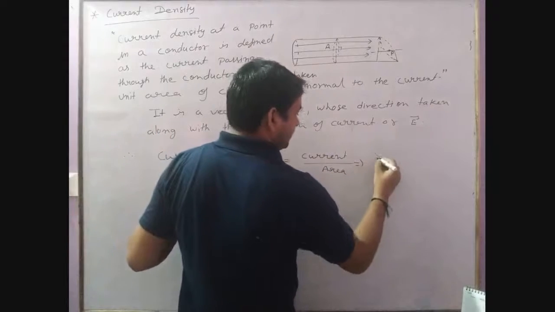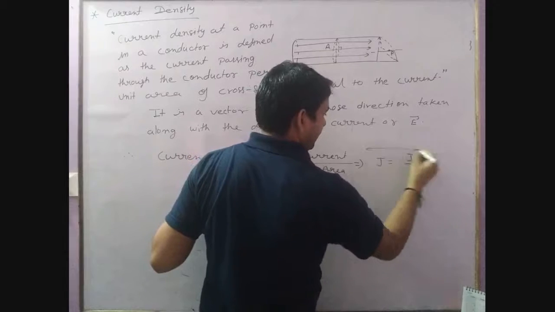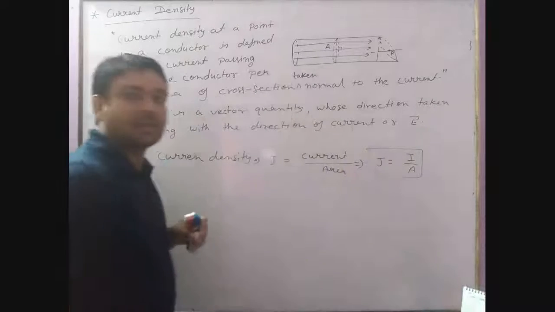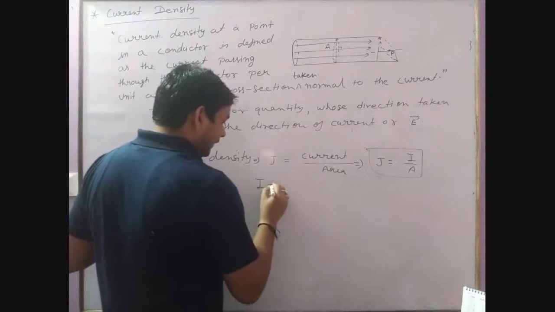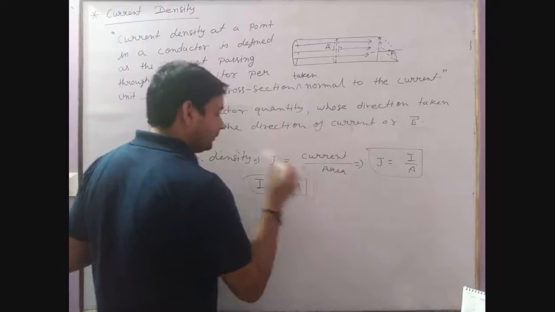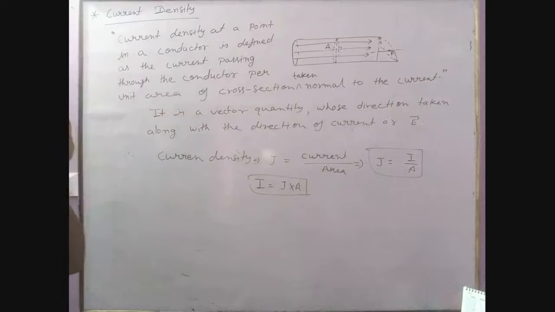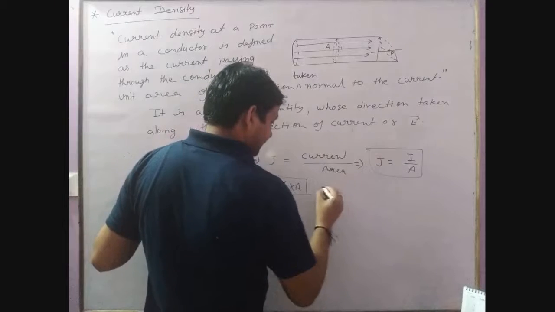That means J is equal to I upon A. From here the value of current is equal to the product of current density and the area of cross section of the conductor.